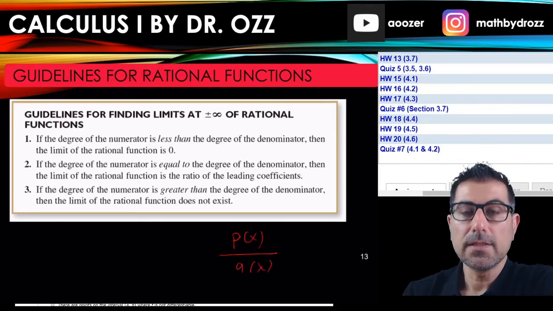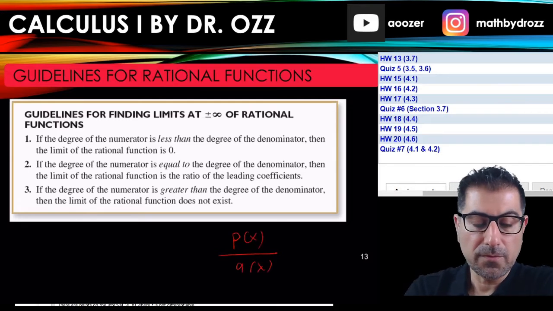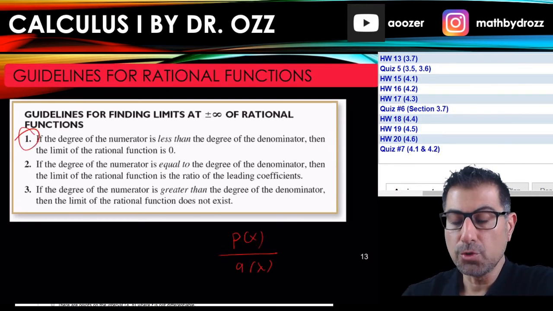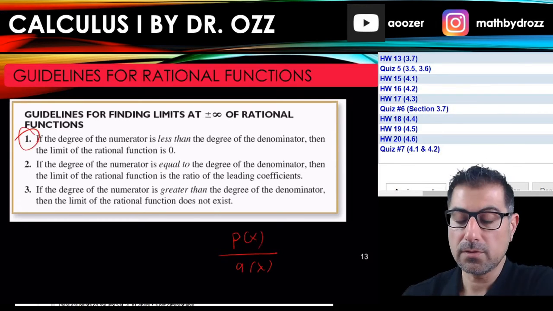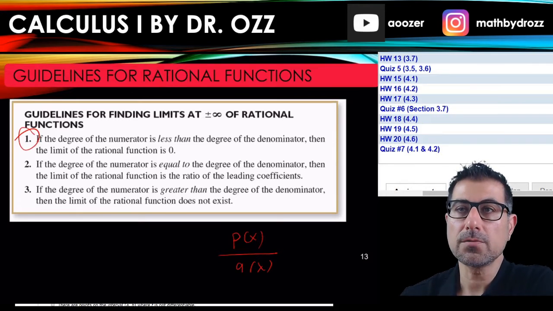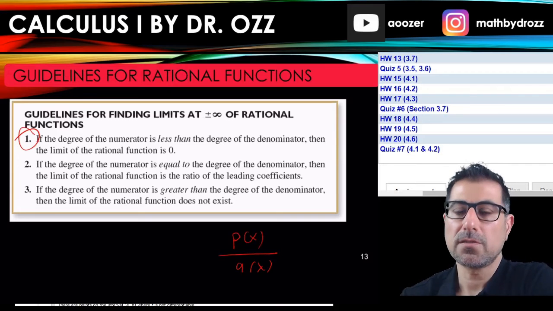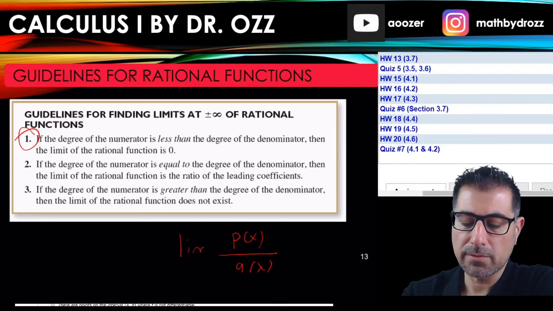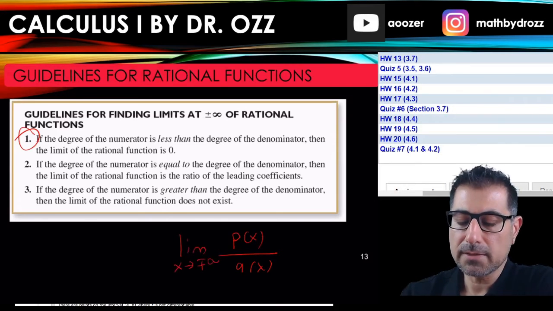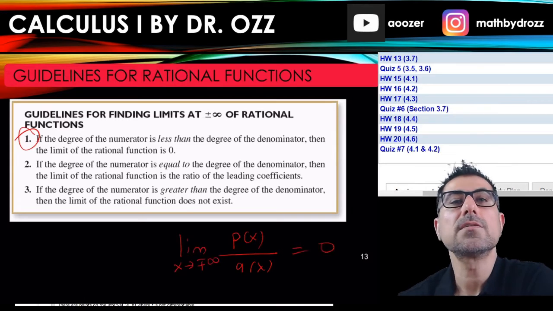The first one says that if the degree of the numerator is less than the degree of the denominator, these guys are polynomials, so you check the highest power term, and that's the degree of the polynomial, then the limit of the rational function is 0. So you're going to write here that at plus or minus infinity the limit is going to be 0 for the first case.